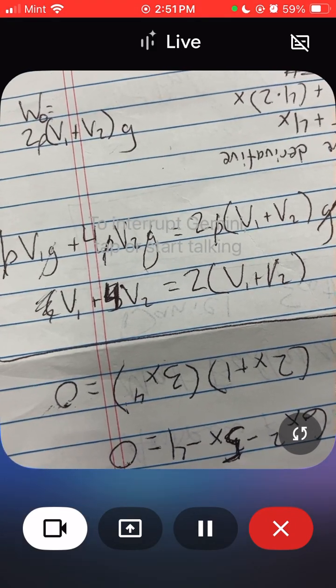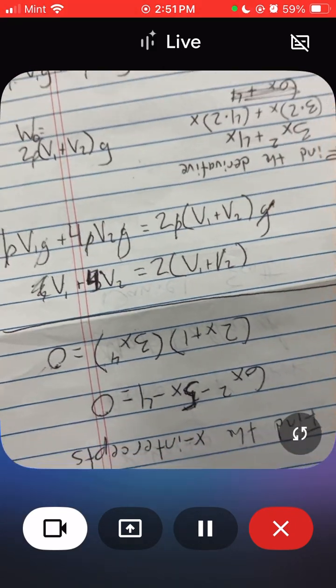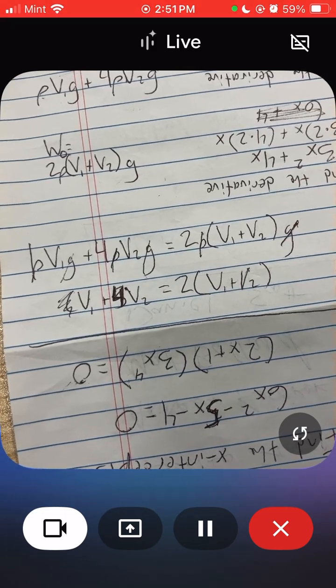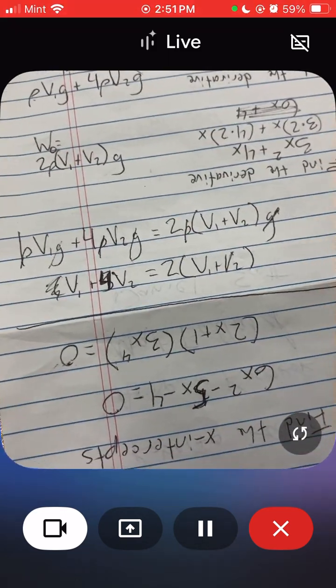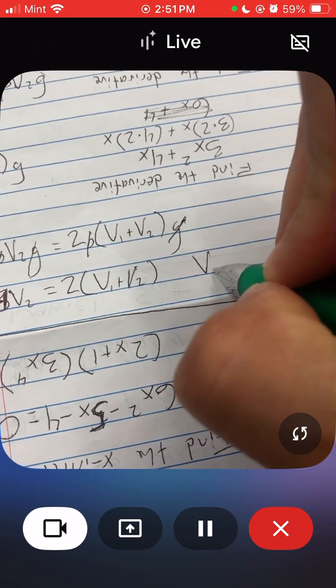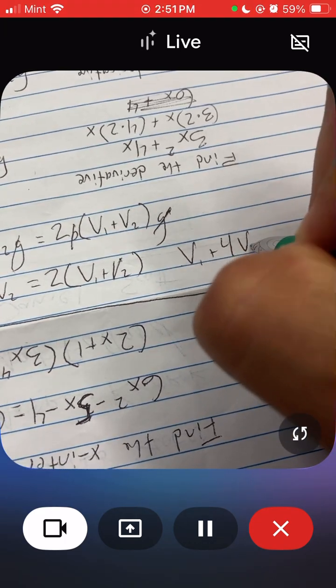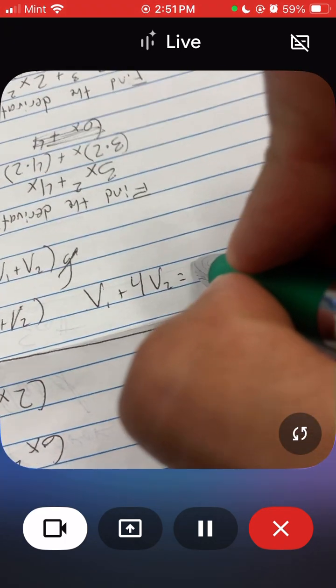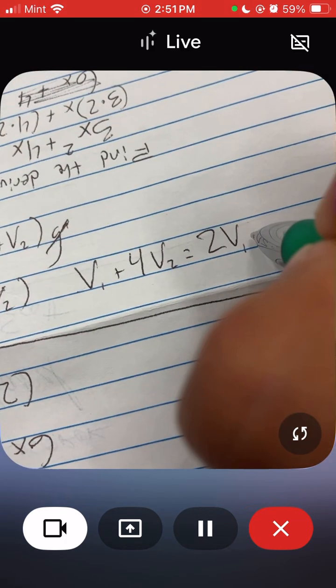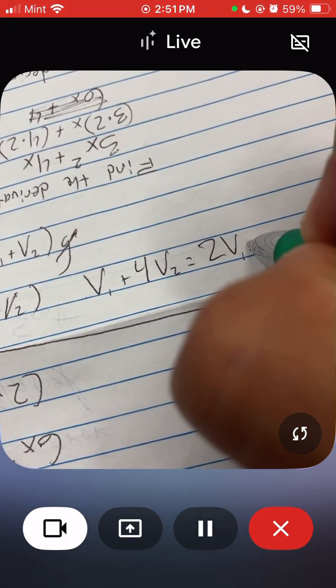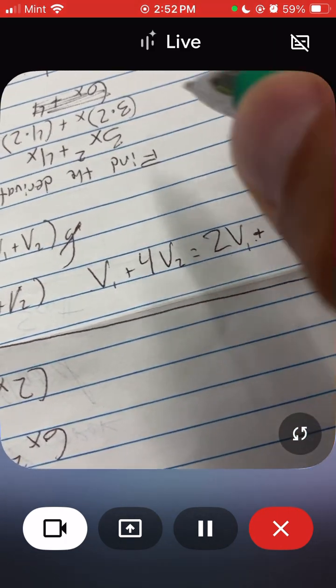No problem. So distributing the 2 on the right side, we get V1 plus 4 V2 equals 2 V1 plus 2 V2. Now let's rearrange to solve for V1. What do you get? All right, so we got 2 V1 plus 2 V2.